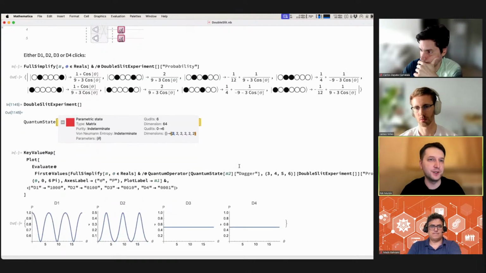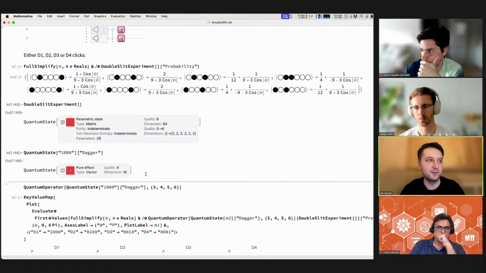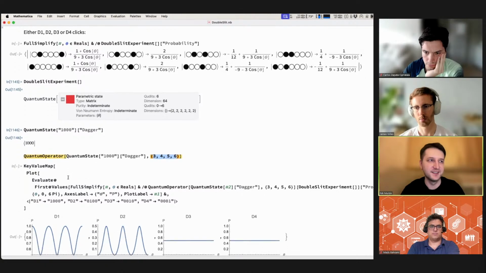Then you use this probability distribution and post-select on different things. Here is this post-selection procedure, depending on which one. For example, if you want D1, this is what I'm going to post-select. It's literally just applying this bra to the last 4 detectors, right? So that's what you do.